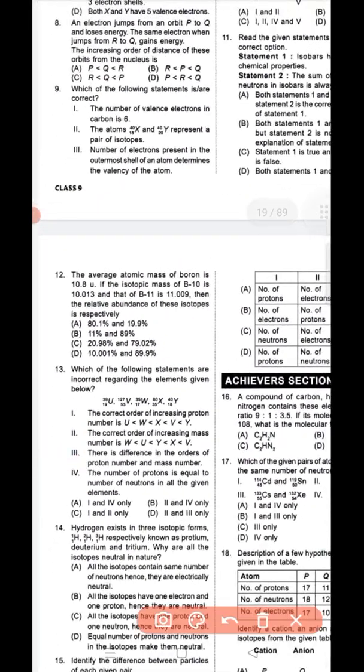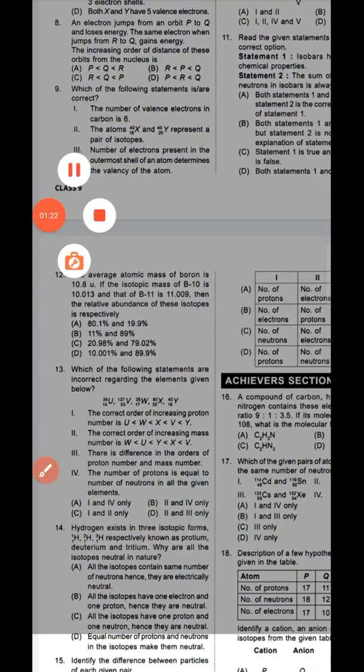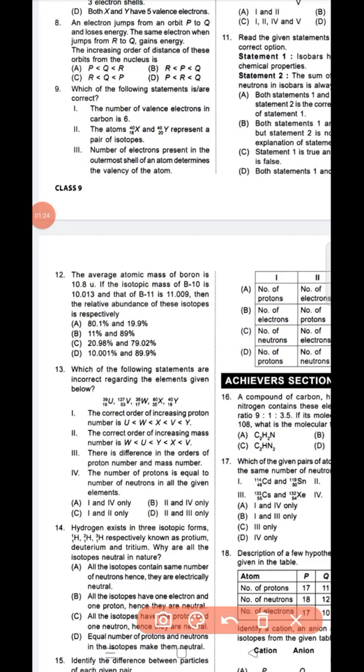The average atomic mass of boron is 10.8 u. If the isotopic mass of B-10 is 10.013 and that of B-11 is 11.009, then the relative abundance of these isotopes is respectively: 80.1% and 19.9%, 11% and 89%, 20.98% and 79.02%.